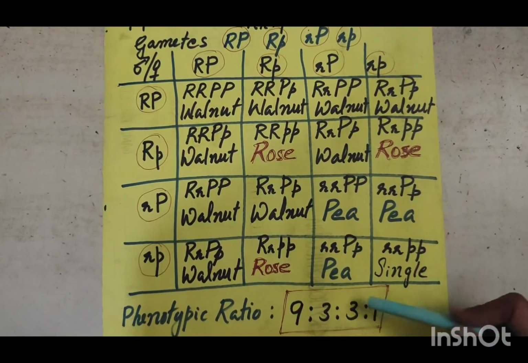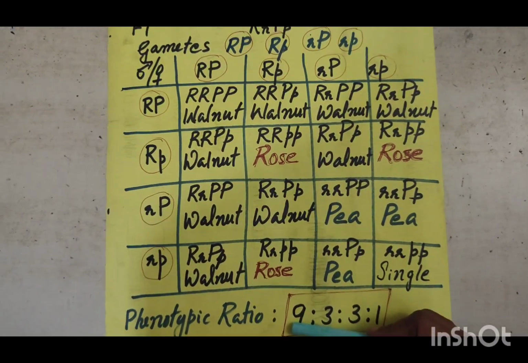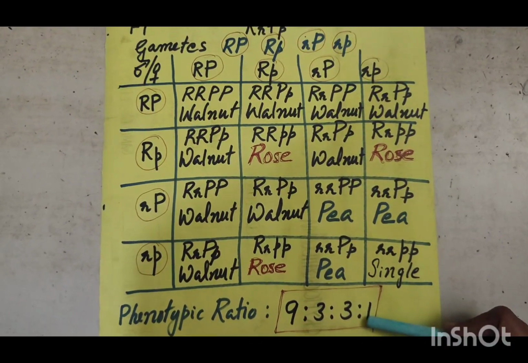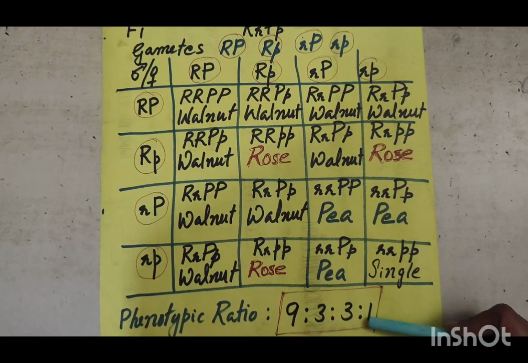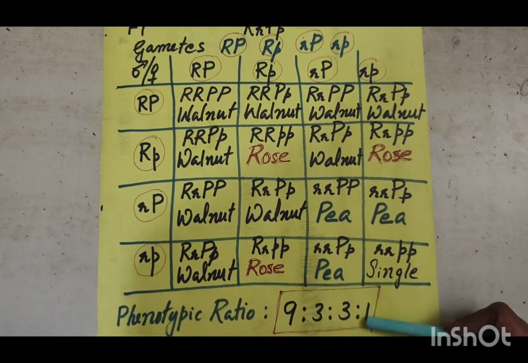Okay. So, the phenotypic ratio of comb pattern in poultry is 9:3:3:1. It is similar to the dihybrid F2 Mendelian ratio. Okay.